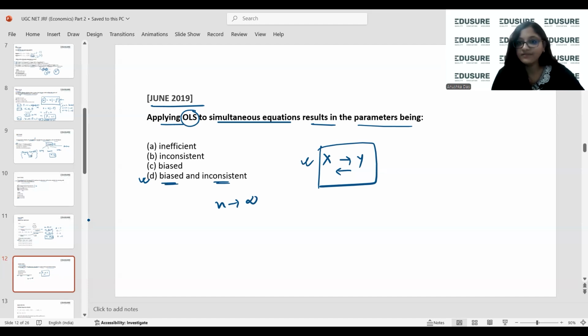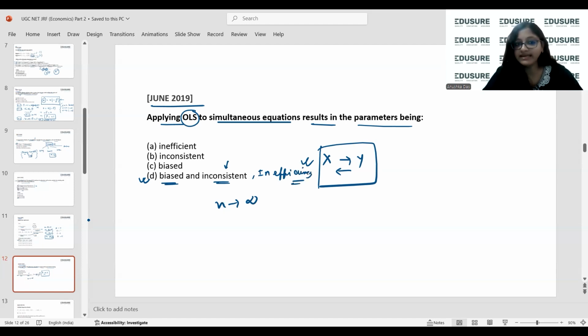But here, if simultaneous equation is there and you are applying OLS, your sample size grows, but the simultaneity bias that you have does not go away. The biasedness of the estimator does not go away. That is why inconsistency also arises, and it is also inefficient. So biasedness, inconsistency, inefficiency, all the things will be there.